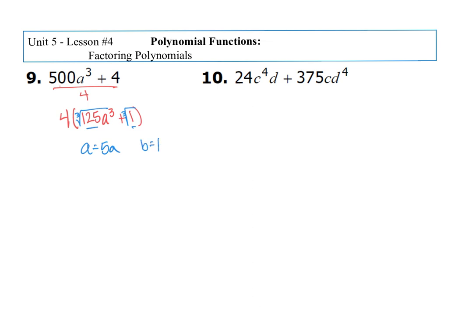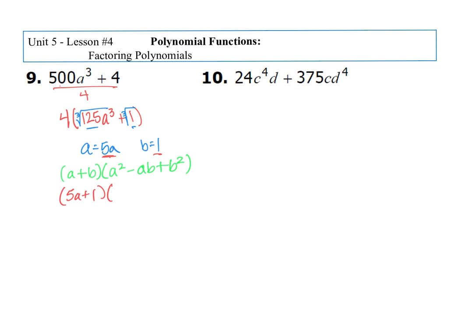So b is 1. So now I'm filling in my a plus b, and you don't have to write this down. I'm just writing it down to show how it all matches up like a formula. A squared minus ab plus b squared. So a plus b is 5a plus 1. A squared is 5a, all being squared.